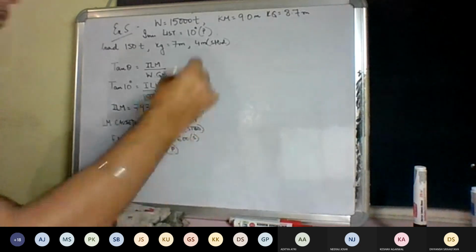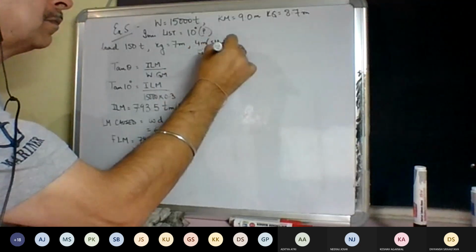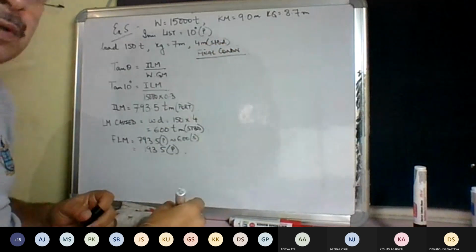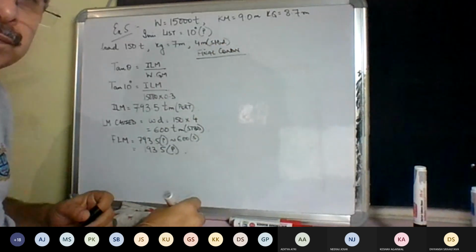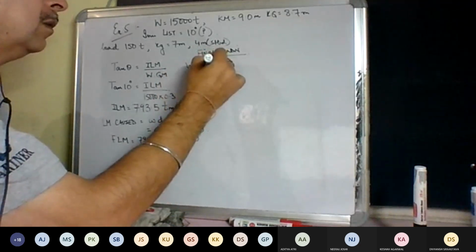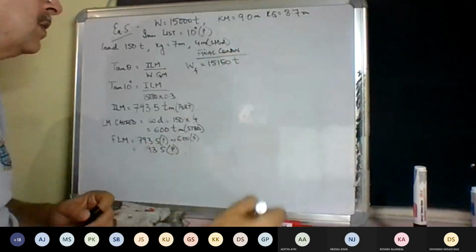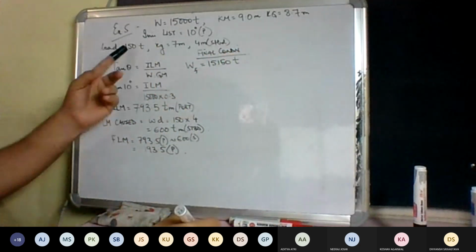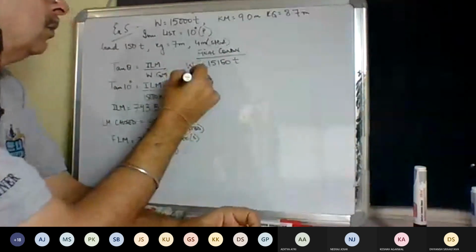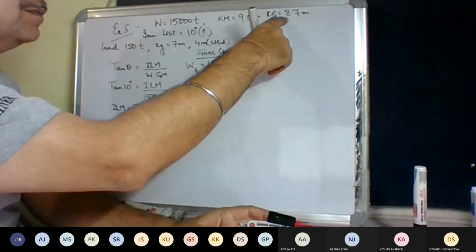Now let us come to, ये तो इनिशियल कंडीशन का सारी कहानी हो गई. अब फाइनल कंडीशन में आ रहे हैं. But now we are coming on to the final condition. So W final will be 15,150 tons because I am loading. Discharging होता तो minus हो जाता. Now my KG is 8.7.